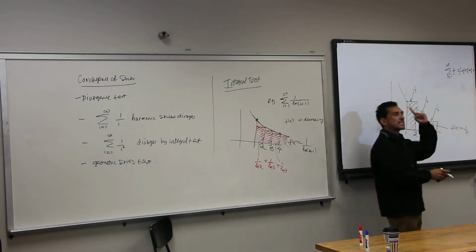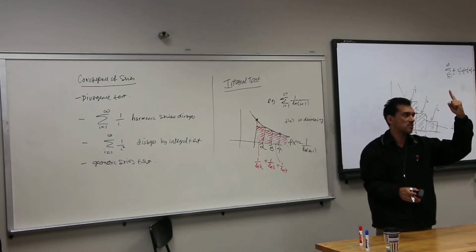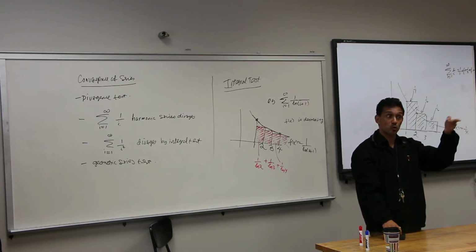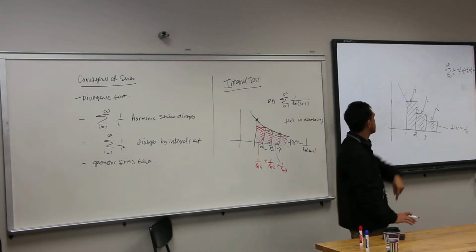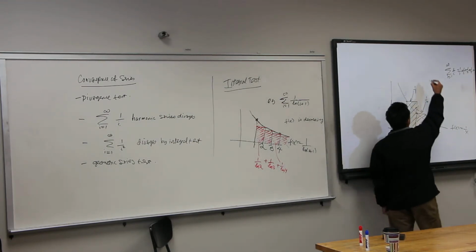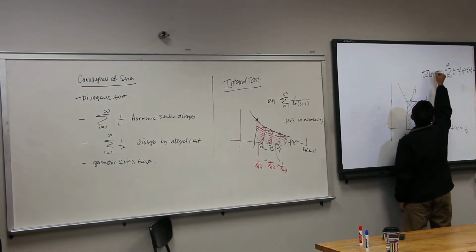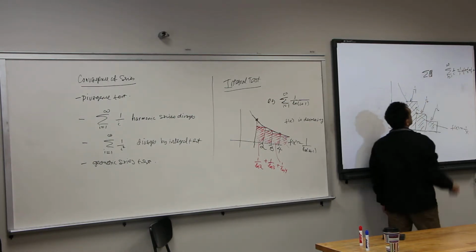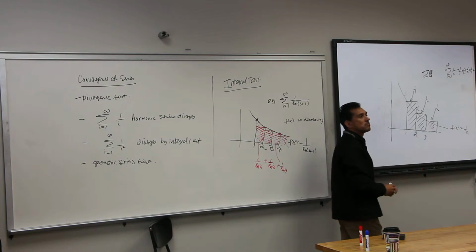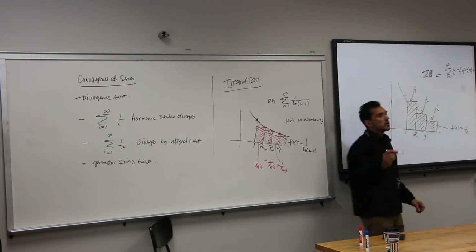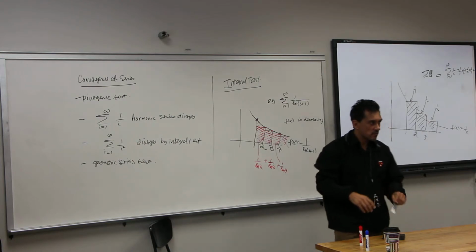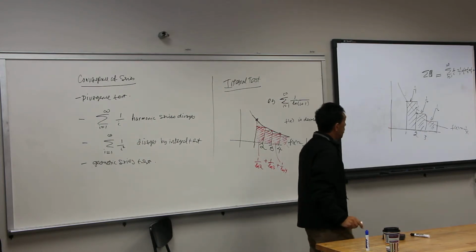So the area is exactly what I want: 1 over 1 plus 1 over 2 plus 1 over 3 plus 1 over 4 plus 1 over 5 plus 1 over 6 is exactly what I want.